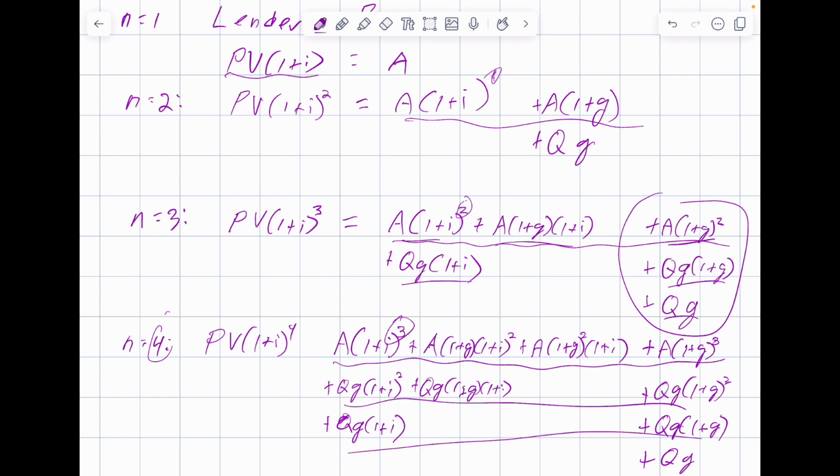has 3 lines, 1, 2, 3, each with increasing exponents going up to 2 as the highest exponent. For n equals 3, there are 2 lines with 1 as the highest exponent. And for n equals 2, there's 1 line with 0 as the highest exponent.